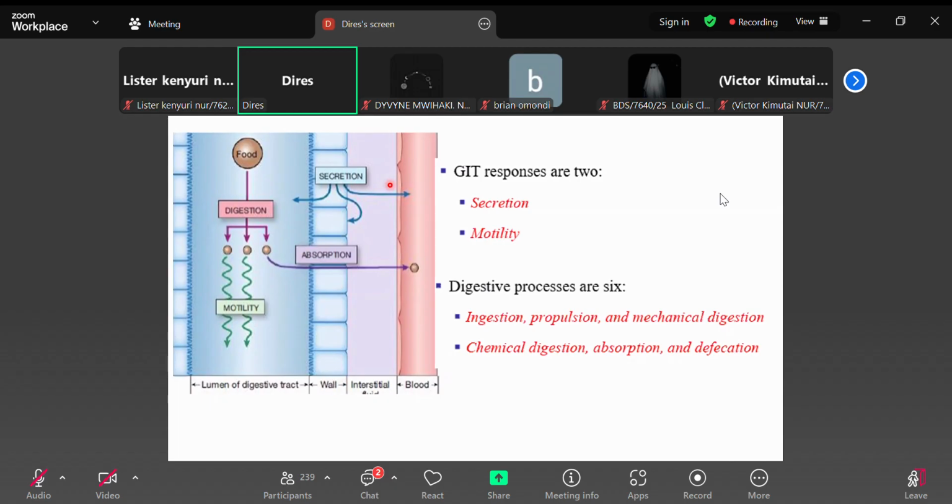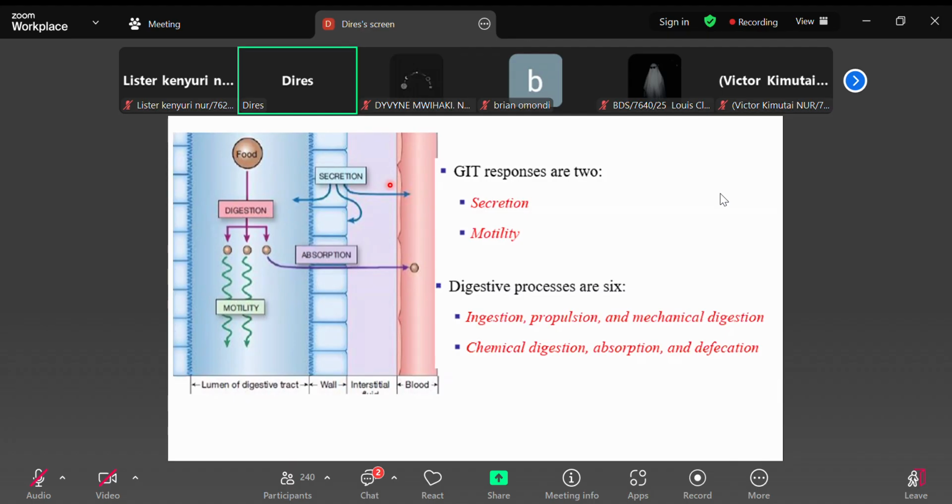A very extended lecture. You are in the class, sitting 4 hours up to 1 p.m. What kind of response do you expect in the GIT?